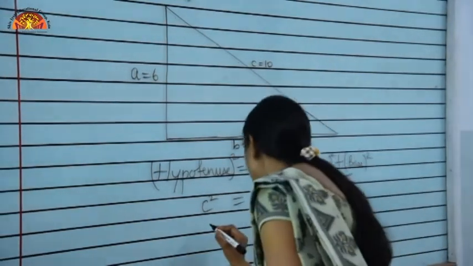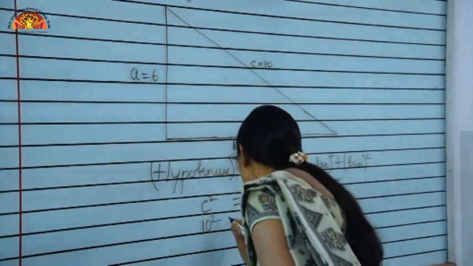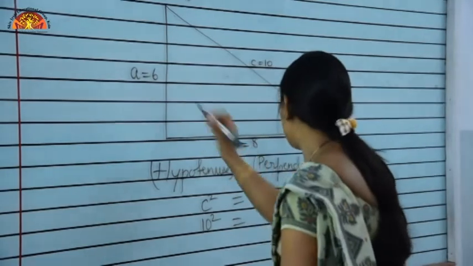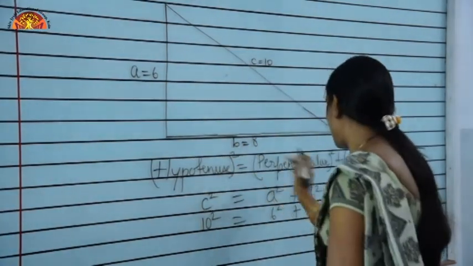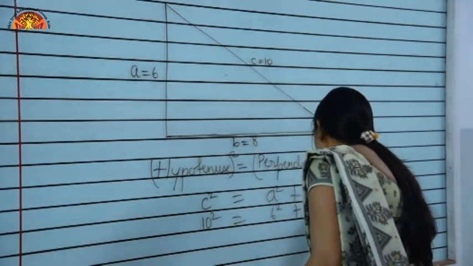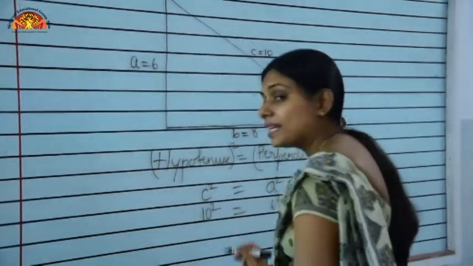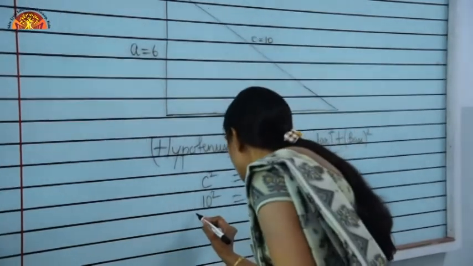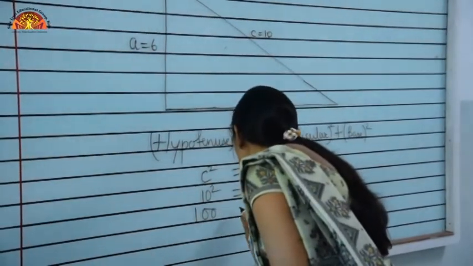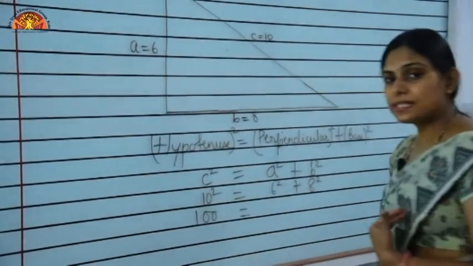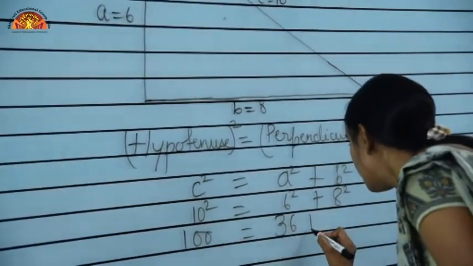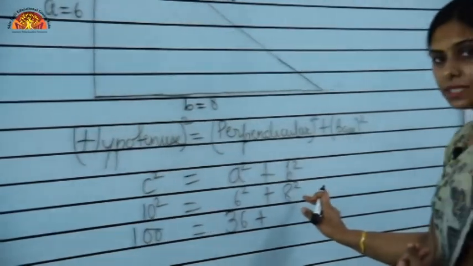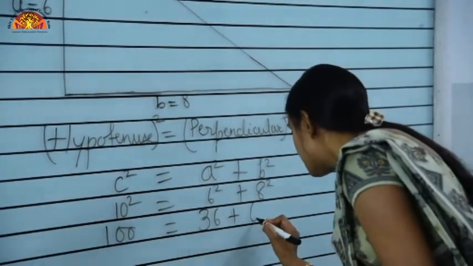The value of C is 10, so 10 square, A square, which is 6 square, plus base square, which is 8 square. 10 square is 10 into 10, which is equal to 100. 6 square, that is 6 into 6, which is 36, plus 8 into 8, square of 8 is 64.